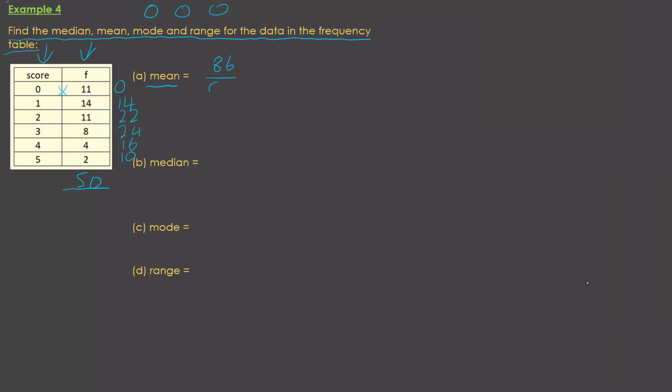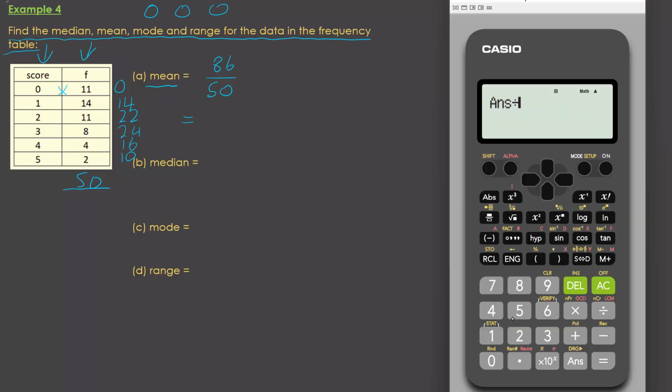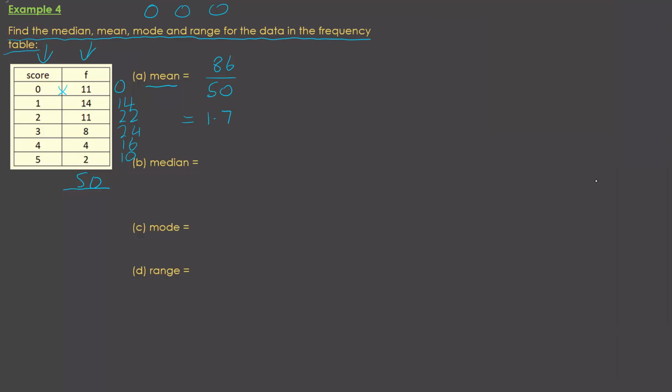And we know there are 50 pieces of data, so the mean is going to be 86 divided by 50, and that gives me 1.72.